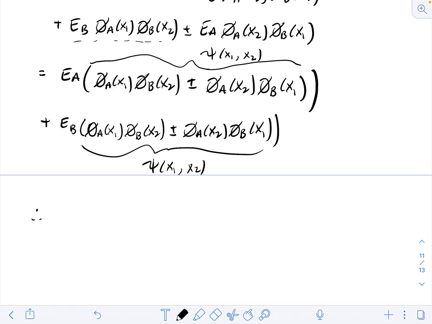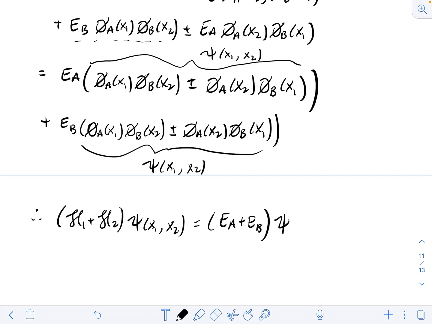And so therefore what we found is that when we take the total Hamiltonian and act on our trial wave function, two-particle wave function, what we get is EA plus EB times the original wave function back again.